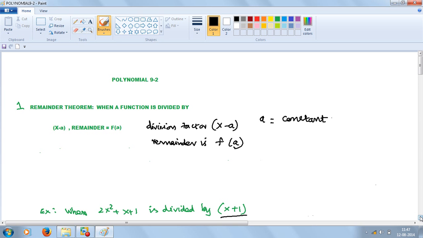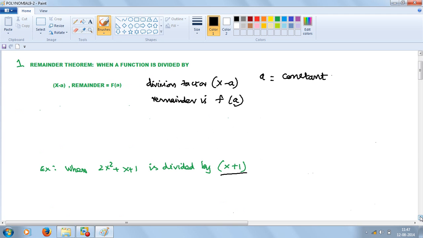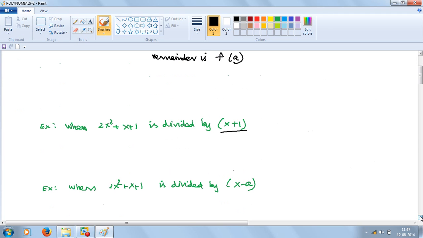So we will work out some problems and we'll be more familiar with that. When 2x square plus x plus 1 is divided by x plus 1, what is the remainder? A value of a is here minus 1. f of minus 1 is the remainder, which is equal to 2 multiplied by minus 1 whole square minus 1 plus 1.